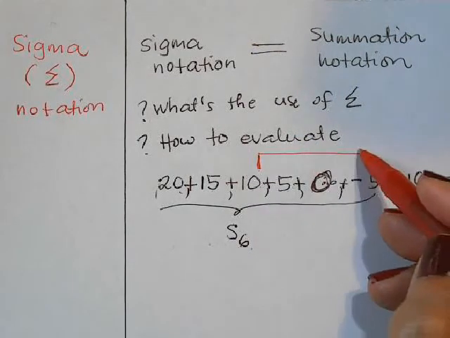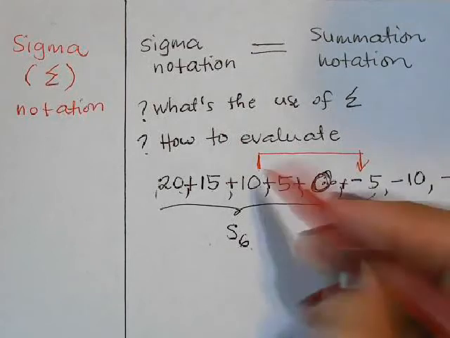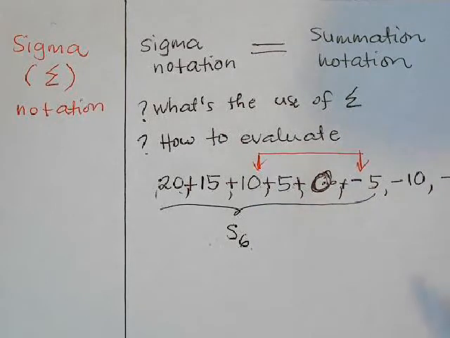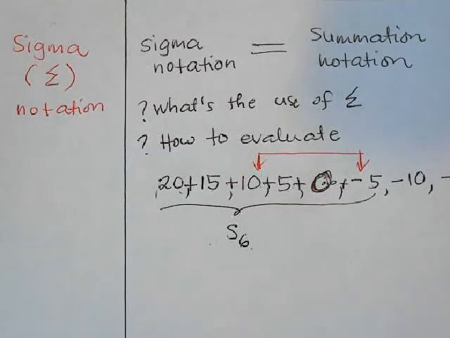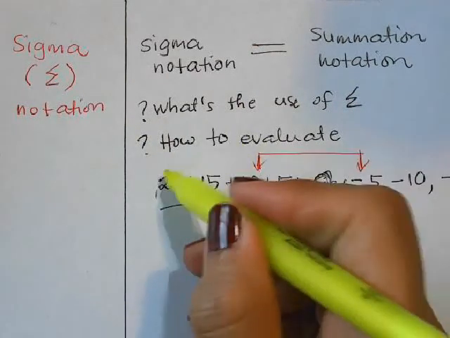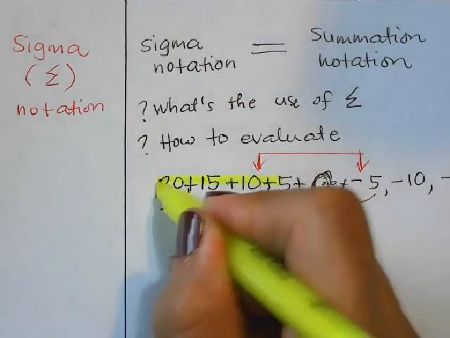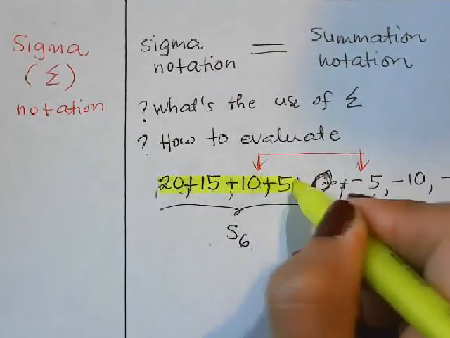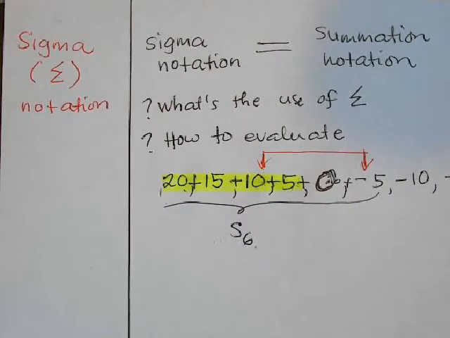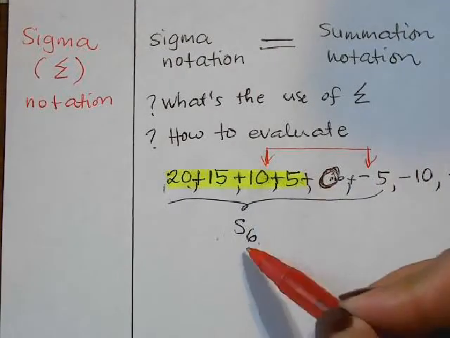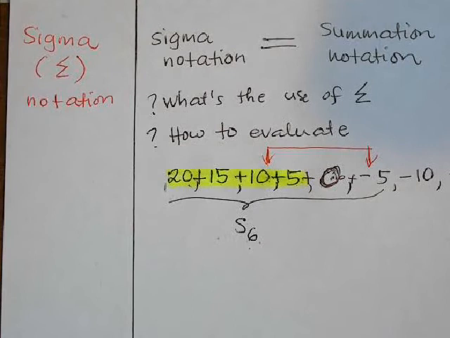So in this sequence, I want you to find the sum of the third term until the sixth term. I cannot use this notation anymore, because this always starts from the very first term.